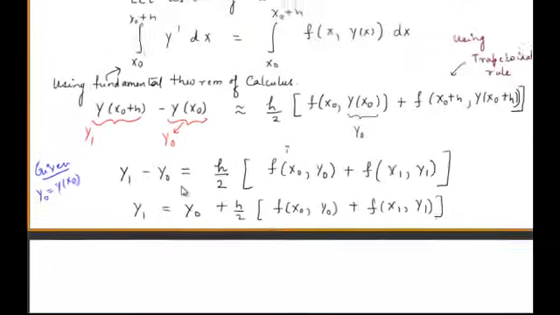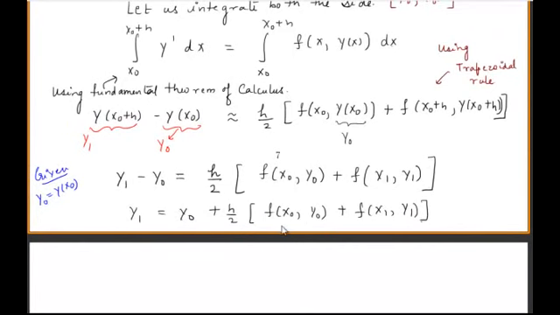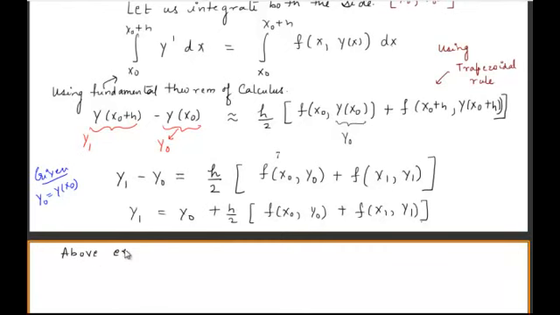So how can I get the value of y1 if y1 is on both sides? I can't simplify for y1 here. Because of this reason, the above expression is an implicit expression of y1.